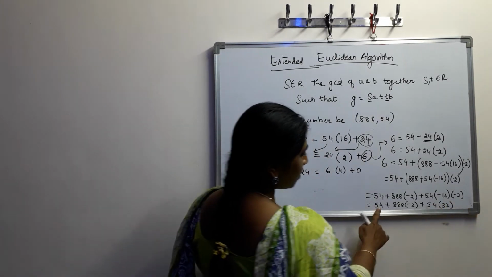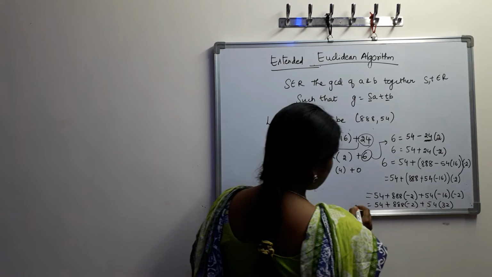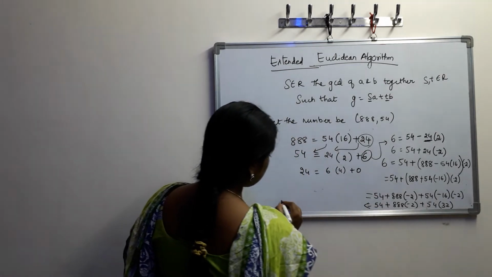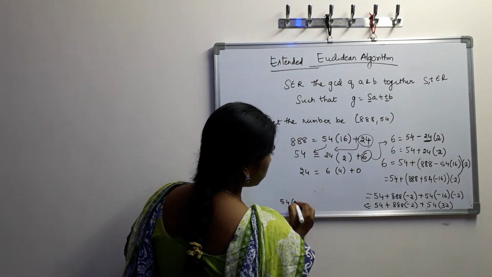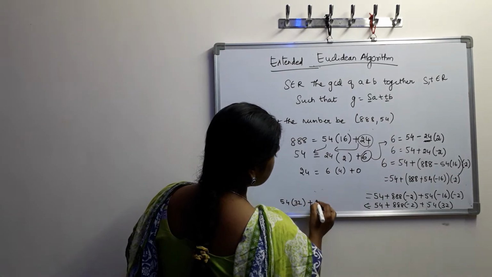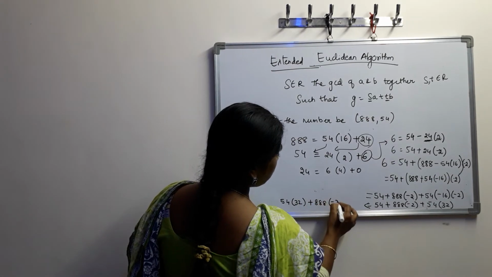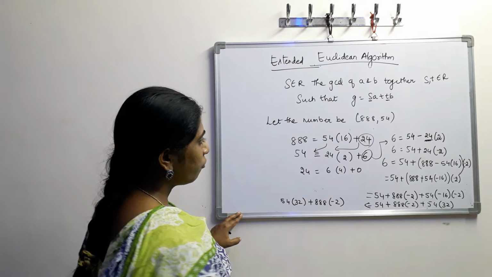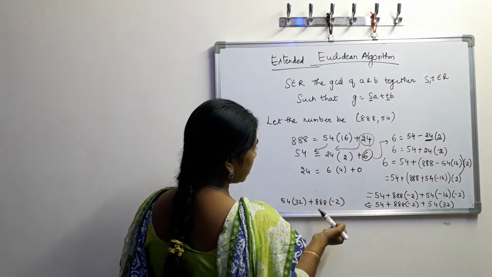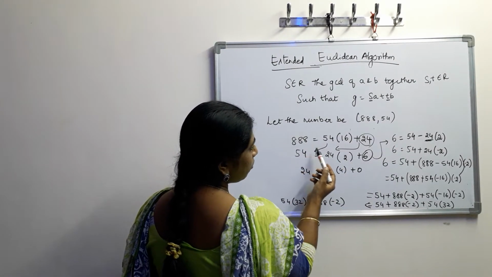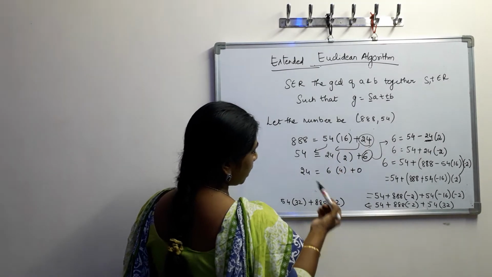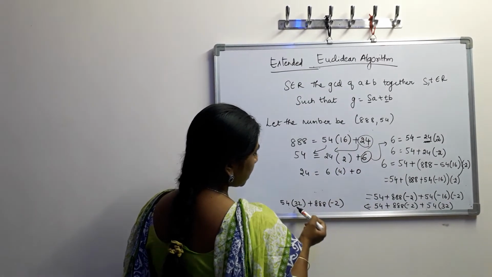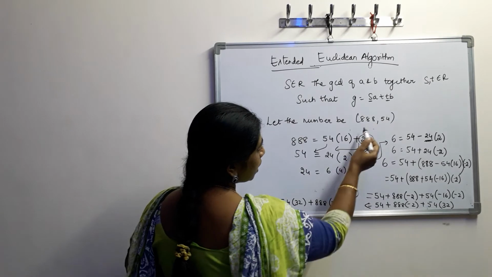Since you have the common values, this equation you can write as 54 into 33 plus 888 into minus 2. Now from this equation you can get the values of 888 and 54. Now what are the S values?